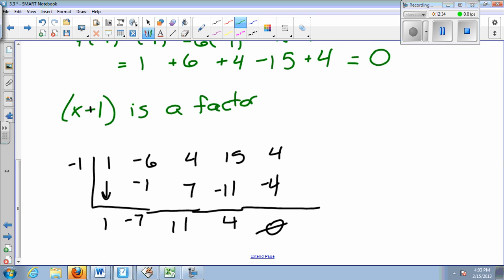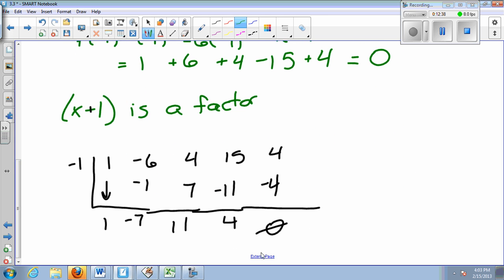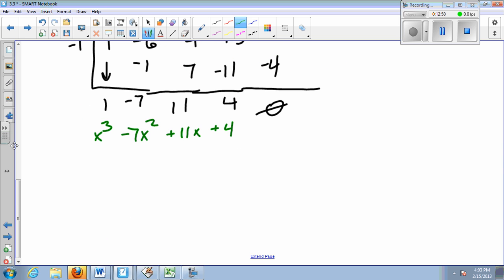So we are now at, highest degree was 4, we're now at a 3. So x cubed minus 7x squared plus 11x plus 4. So we get here, and we see this is not factorable. So we have to, once again, try the possible zeros.